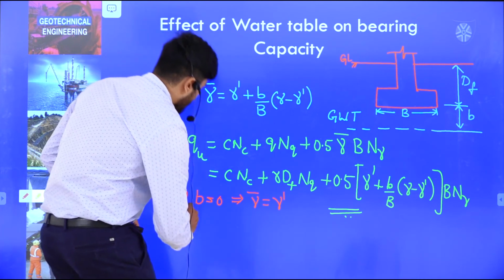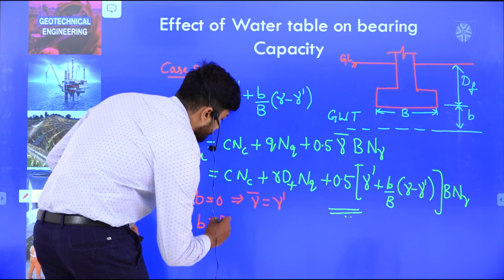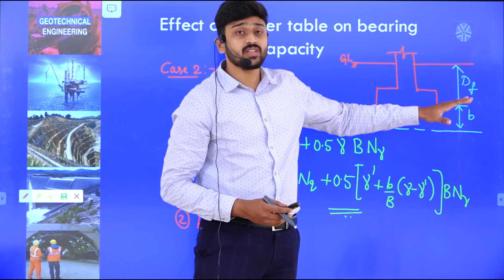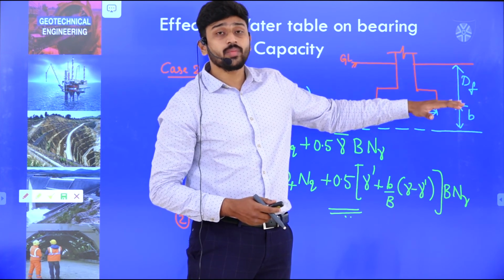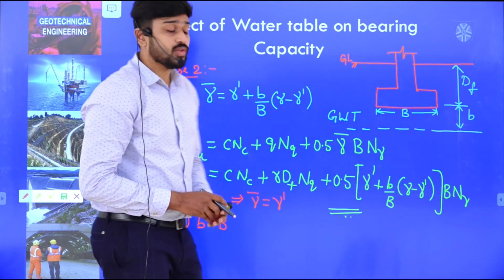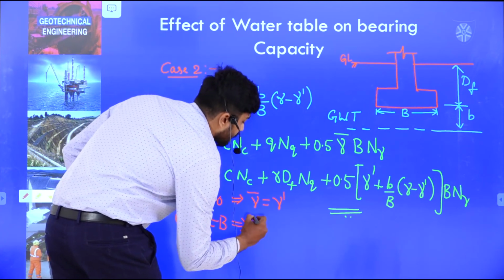And the other case when small b is equal to capital B, that means the groundwater table is at a depth below the base of the foundation where that depth is equal to the width of the footing. In such a case, what is gamma bar?